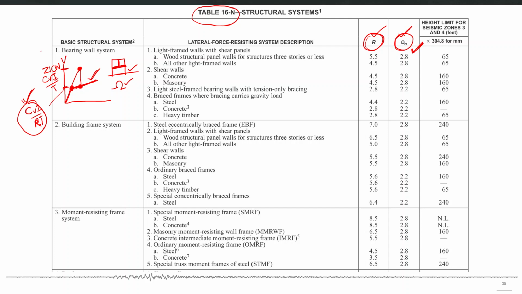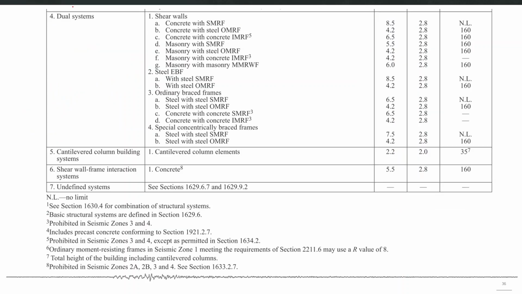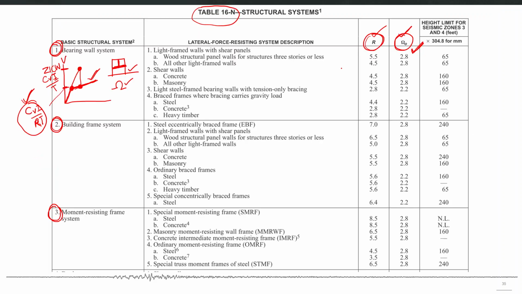So for each structural system type, for example, bearing wall system, building frame system, then moment resisting frame system, and for example the dual systems and the other two new systems included in UBC 97, the value of R and the value of overstrength factor, structural overstrength factor, are given in this table.